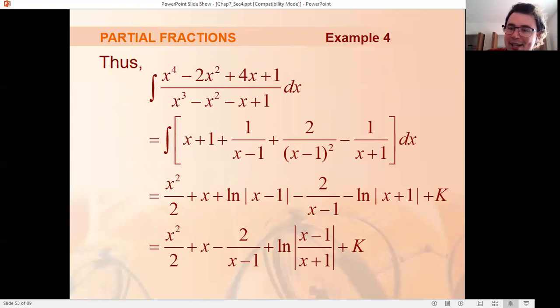Those are the kinds of details that I'm starting to do in my head since I am moving on to more advanced integration techniques. Doing them on the scratch work is also fine. And again, integral of negative 1 divided by x plus 1 is minus the natural logarithm of x plus 1 in absolute values. And there's our constant of integration.